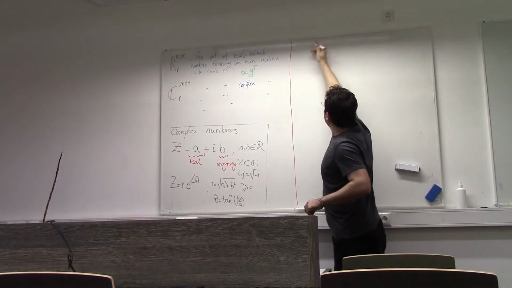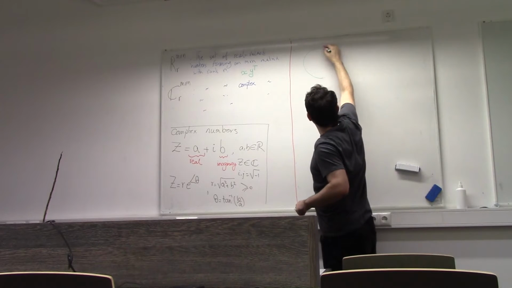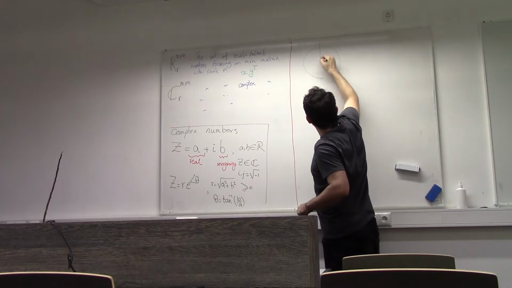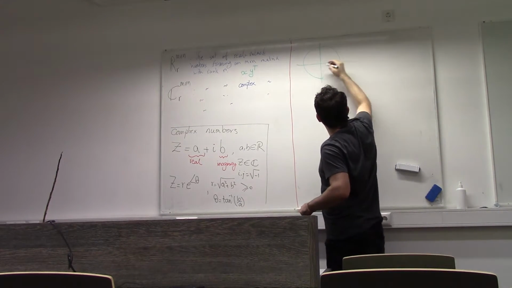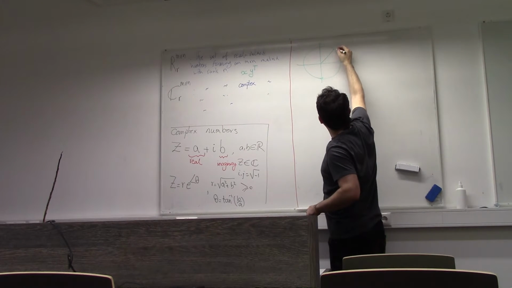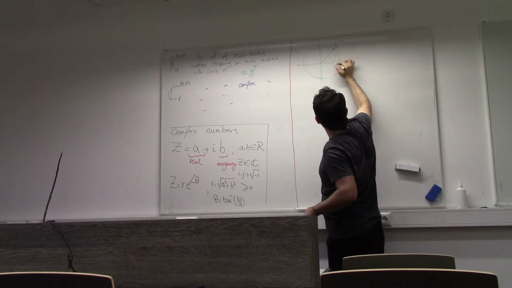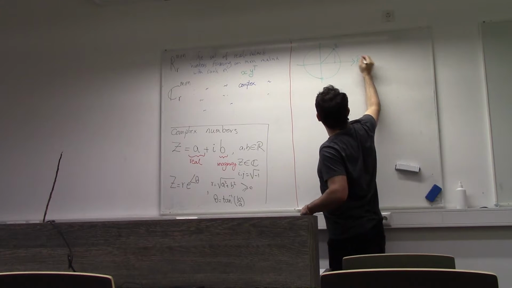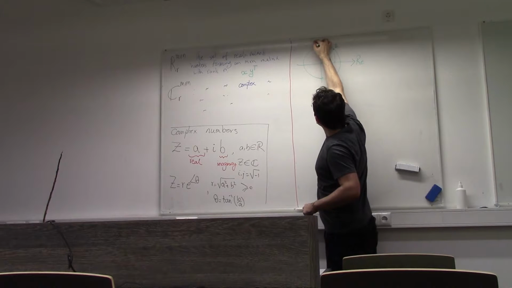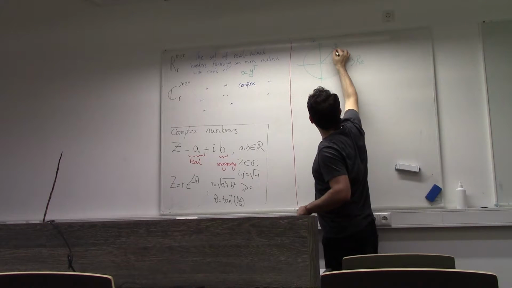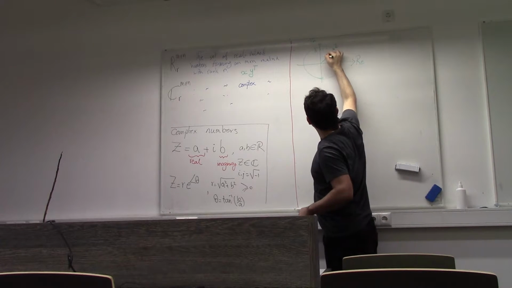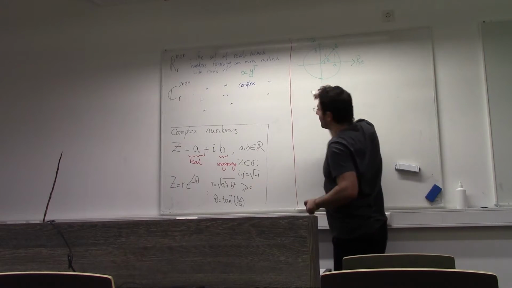We said that in general, any complex number, this is the real axis, this is the imaginary axis, this is A, this is B, this is R, this is theta, right?